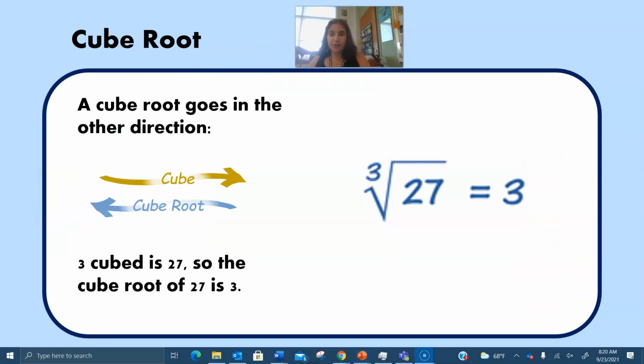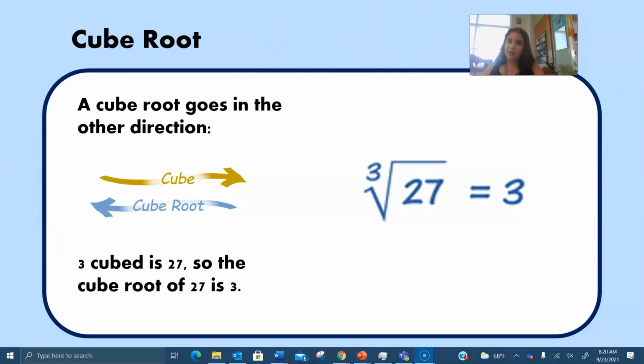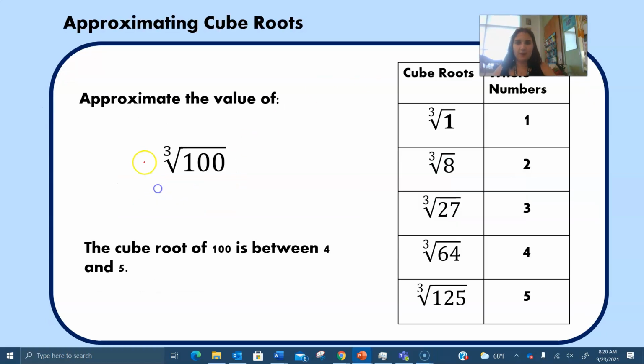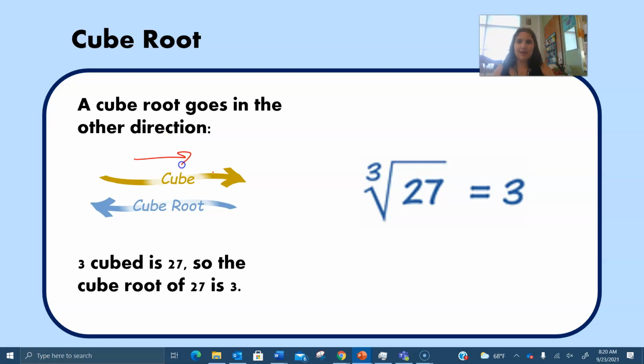So a cube root, just like a square root, goes the other way of a cube. If we cube a number going this way, the cube root goes the other way. So 3 cubed is 27, 3 times 3 times 3 equals 27, so the cube root of 27 is 3. And just like the square root, we use this radical symbol, but we put the 3 off to the side, inside the little V part of the radical symbol, to show that we're cube rooting a number.